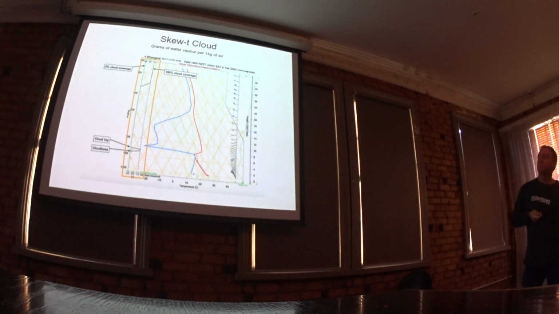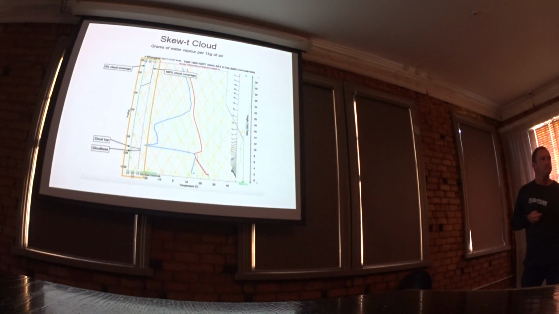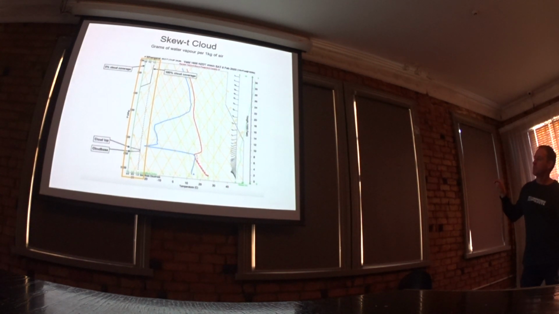Next slide. I'll just say one thing I'd add to that: if you get the black line popping out, that's overdevelopment cloud, so you're going to get rain. You can still have cumulus popping off all over the place and not get that black line there. Which black line? The cloud top, cloud base. This one?